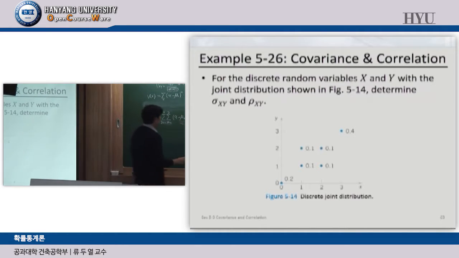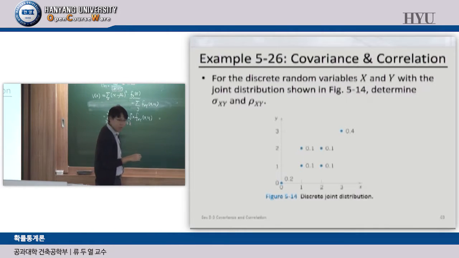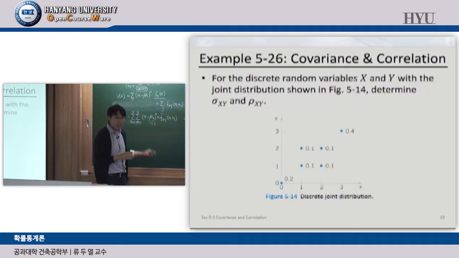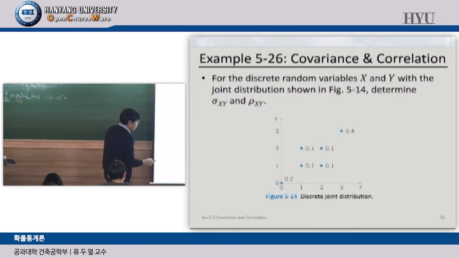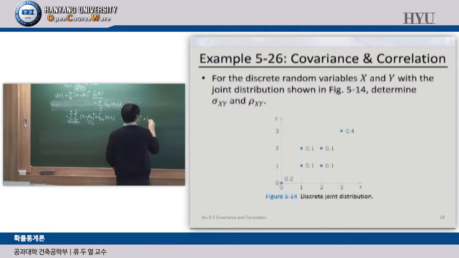So this equation will be, when x is equal to 0, 0 minus 1.8 squared, right? And when x is equal to 0, we have only one joint probability mass function of 0.2 here, when y is equal to 0. So the joint probability mass function should be equal to 0.2.